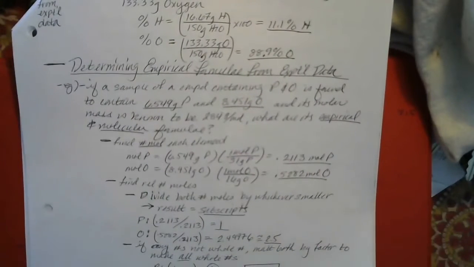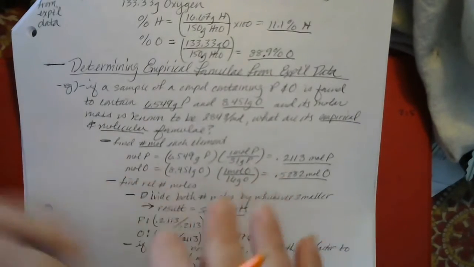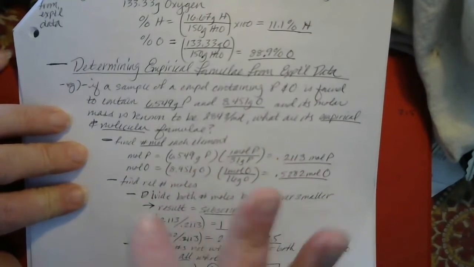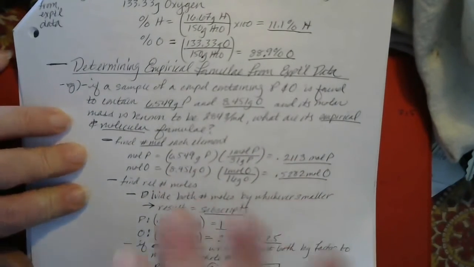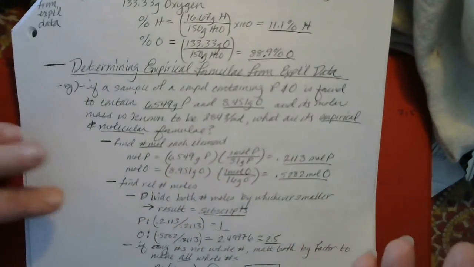Now we can finally get into empirical formulas. We talked in the previous chapter about empirical formulas and what they are. Remember, the empirical formula is the lowest whole number ratio of the elements in a compound relative to each other. In some compounds, the empirical formula is the same as the molecular formula.